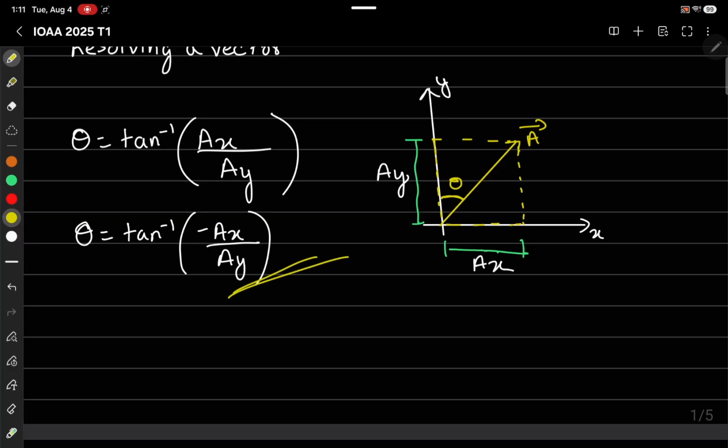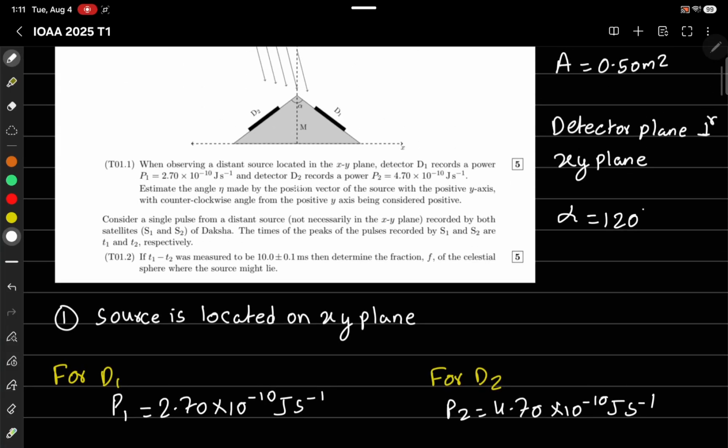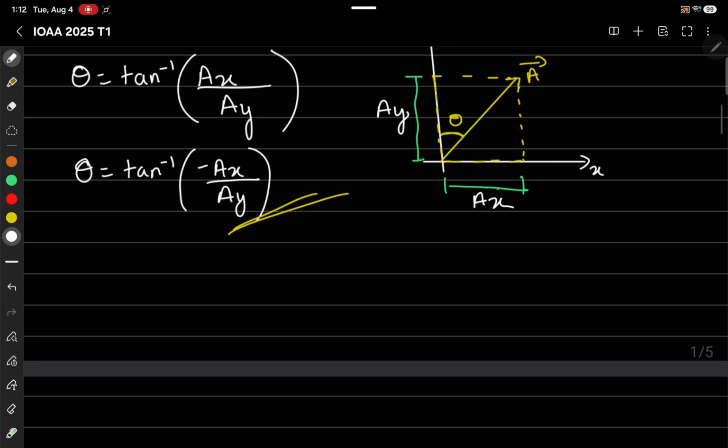I need to find this. So for that I need to find the position vector of the source. So how to find the position vector of the source?